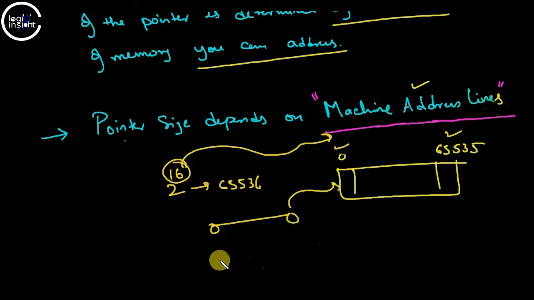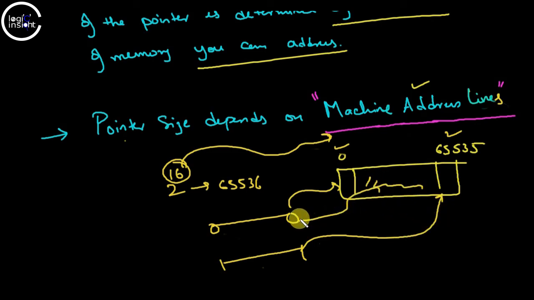If I write 16 ones, I represent this location. In between, we can use any numbers, and we have a unique value. So that is the meaning of machine address lines. I hope you understood why the pointer size is the same in a machine.